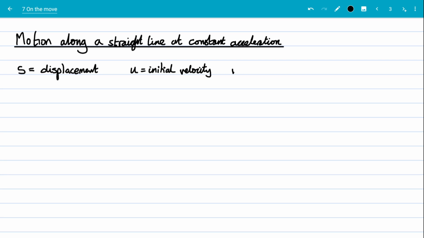We've got V, which is the final velocity of a body. We've got A, which is the acceleration of the body. And we've got T, right, that's smack bang in the middle, which is the duration of motion of the body.